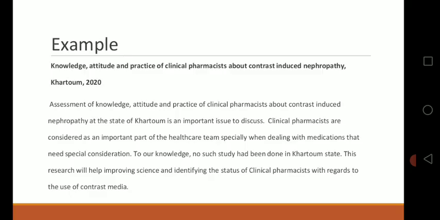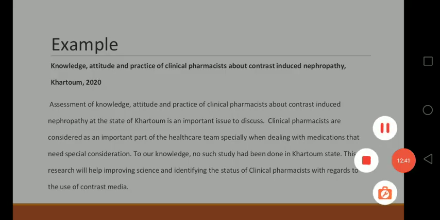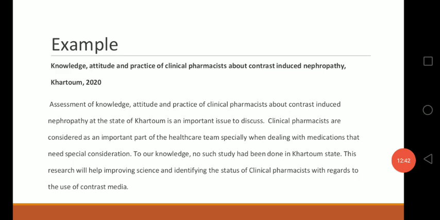For example, if we have the following study about knowledge, attitude, and practice of clinical pharmacists about contrast-induced nephropathy, Khartoum 2020.